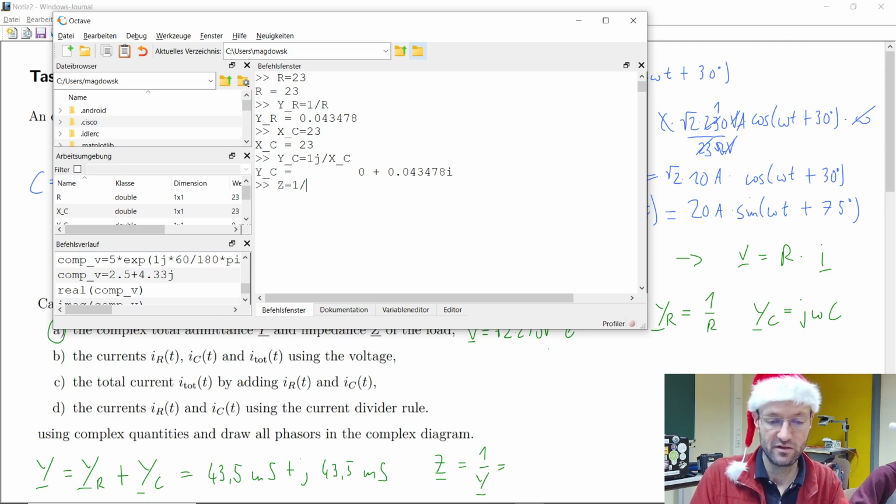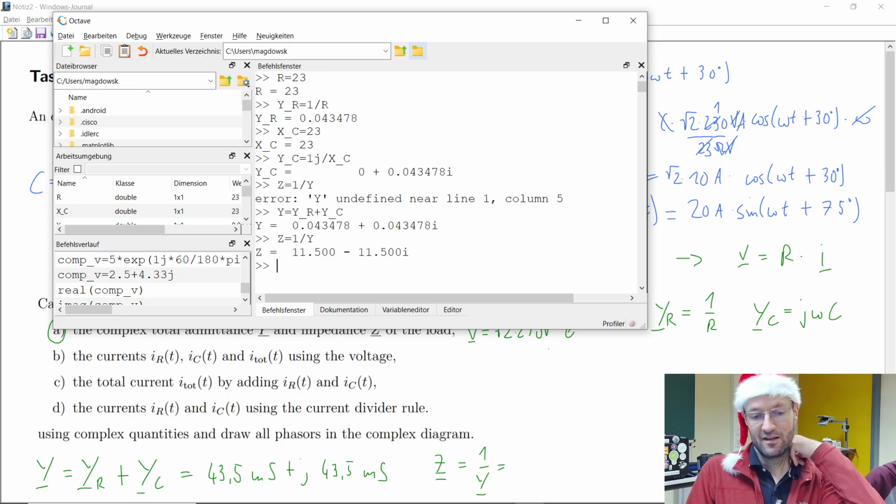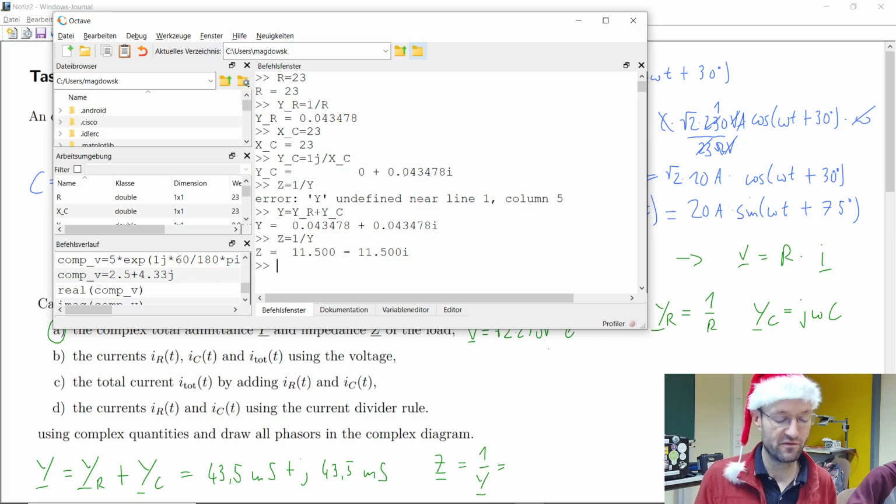Y is not defined yet because I've not calculated the sum. So Y is YR plus YC, and then Z is 1 over Y. And we get 11.5 ohm minus j 11.5 ohm.